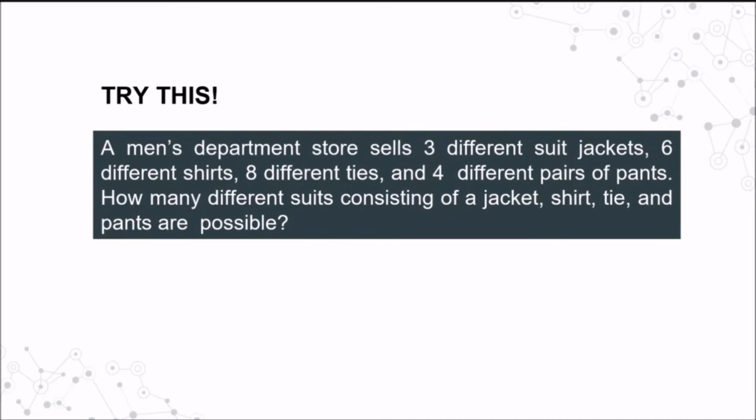So let us have another problem. A men's department store sells 3 different jackets, 6 different shirts, 8 different ties, and 4 different pairs of pants. How many different suits consisting of jacket, shirt, tie, and pants are possible? Once again, we will be applying the fundamental counting principle here.